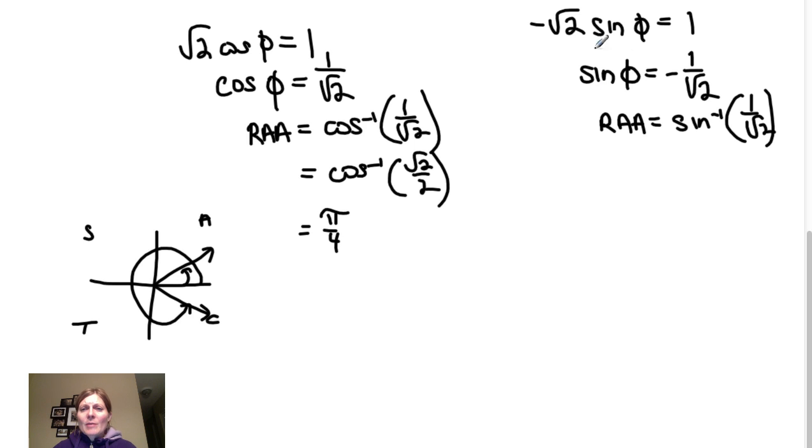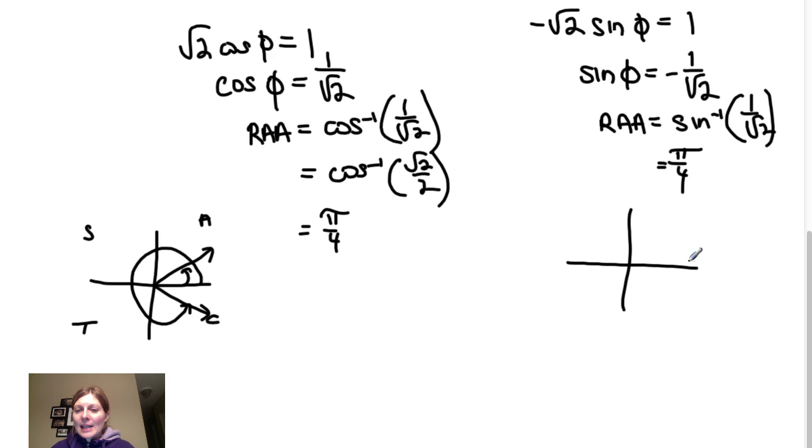In order to do that, we need to use our second equation. We need to say, listen, phi is only going to occur once. There's only one phi. There's only one phase shift. So let's figure out where that's going to be. And so taking a look at this, again, using the related acute angle, we know that the inverse sine of 1 over root 2 also is pi on 4.